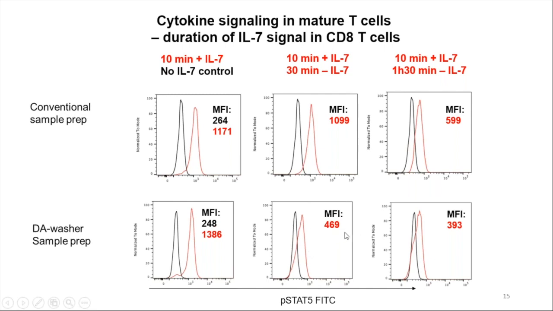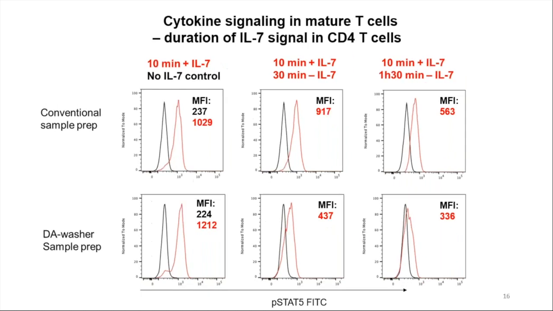However, there is a very significant decay of our STAT5 phosphorylation if the samples were treated using the DA plate washer. So with the conventional sample prep, it really takes at least hour and a half to see any of the signal decay, whereas with the DA washer sample prep, our signal decays actually within the first half an hour.